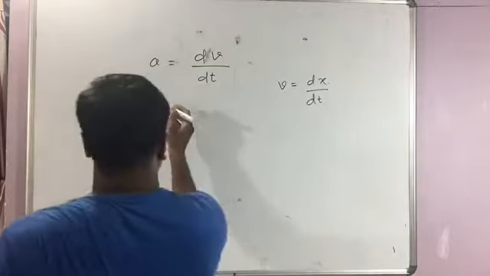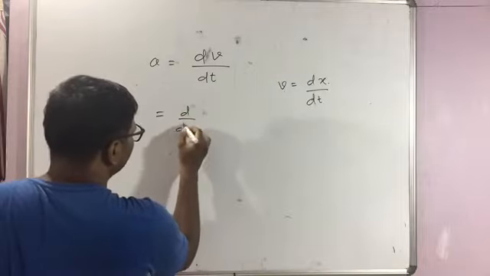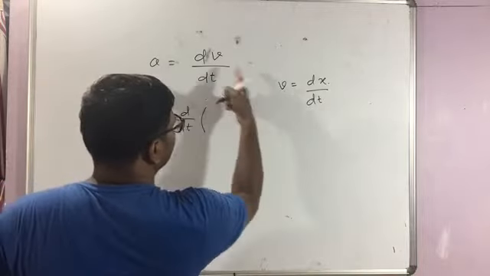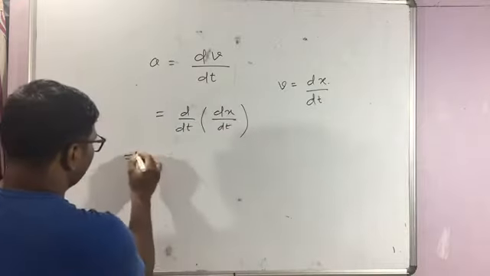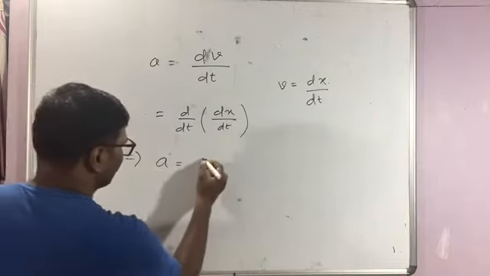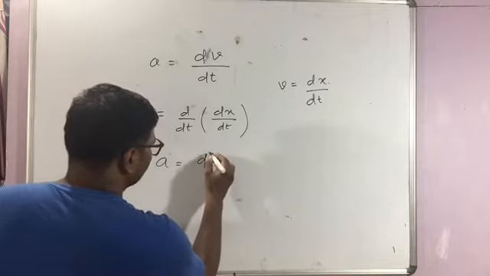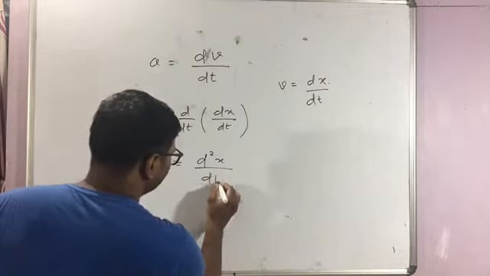So we can write in this case d by dt of, instead of v I can write dx by dt. Which implies in this case acceleration is d square x by dt square.